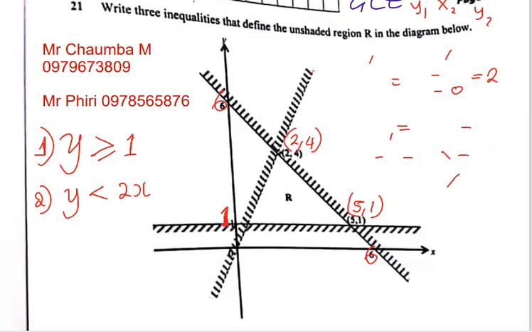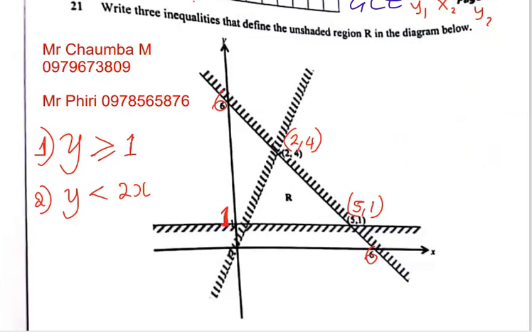You can actually pause the video, do the second one, then we compare our answers. We are susceptible to errors, so it could be nice if you do it ahead of us. That can help you identify areas where we could have made mistakes.